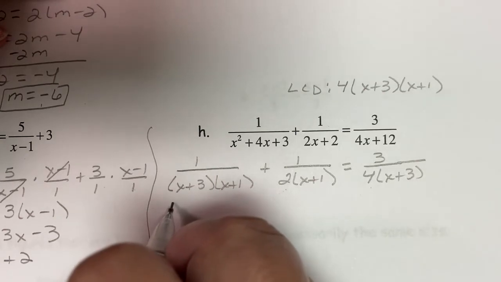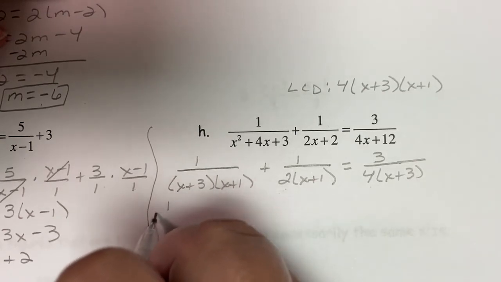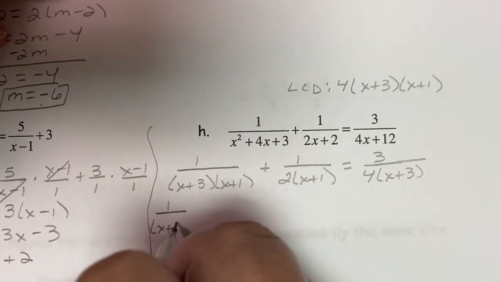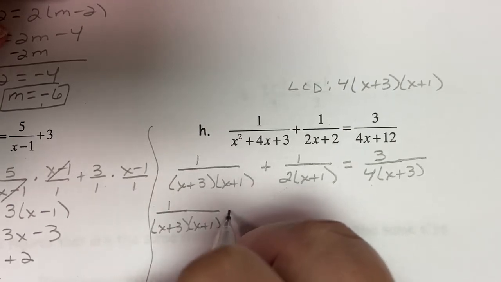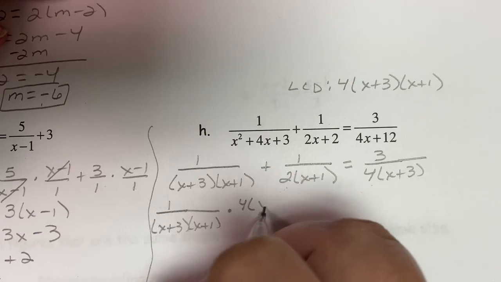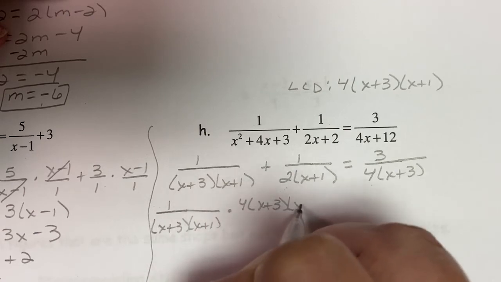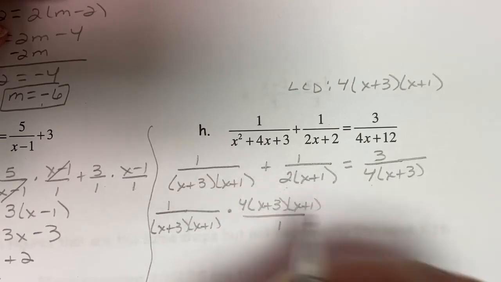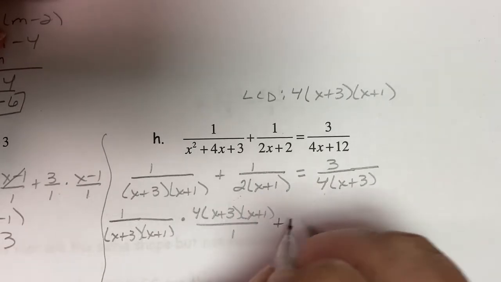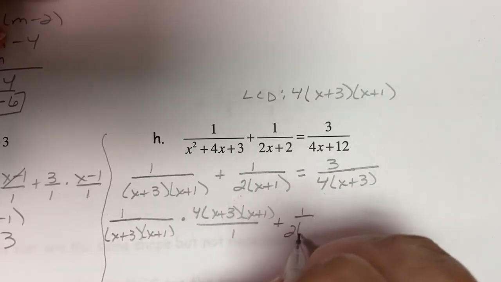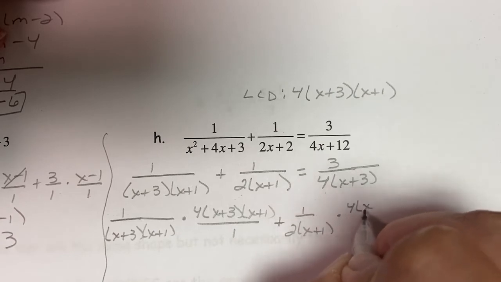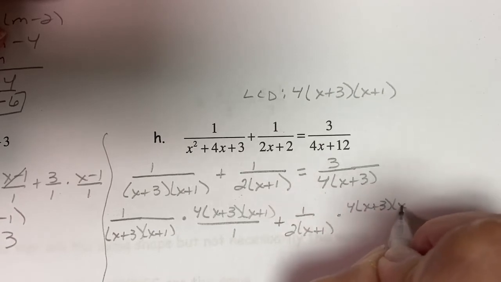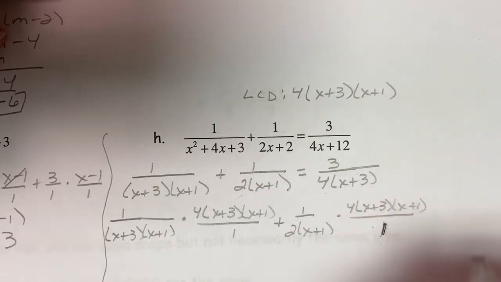All right, so I'm going to go ahead and multiply every term by the common denominator over 1. I'm going to write it kind of small here so I can fit it. Remember, you're multiplying it by the whole common denominator over 1.